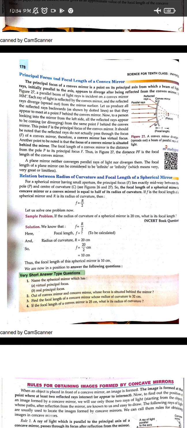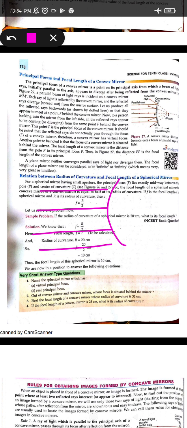We know that the focus point is the point where all the reflected light rays meet. So for the concave mirror, in front of the mirror, that is the bent in surface, the focus is present. But for the convex mirror, the parallel light rays move, but they reflect back in different directions. So how can they meet?